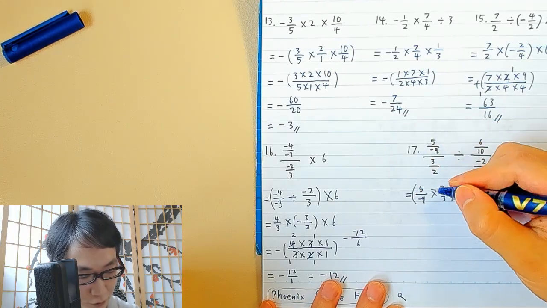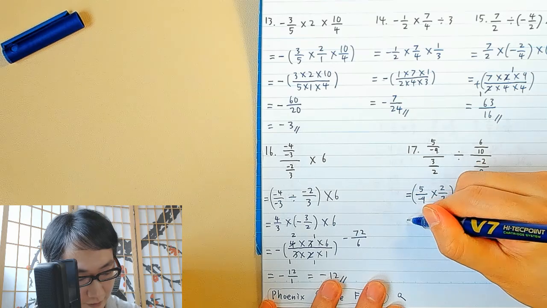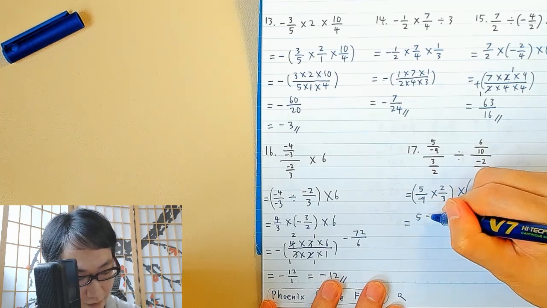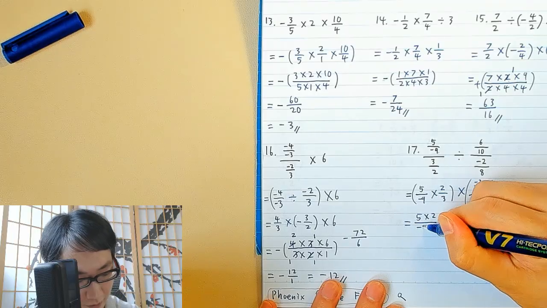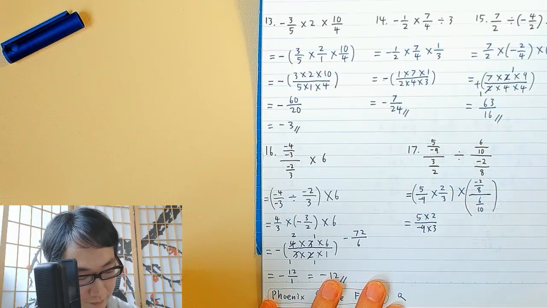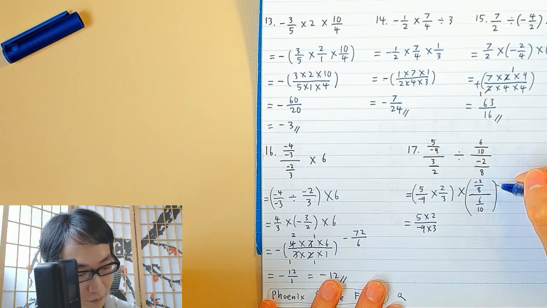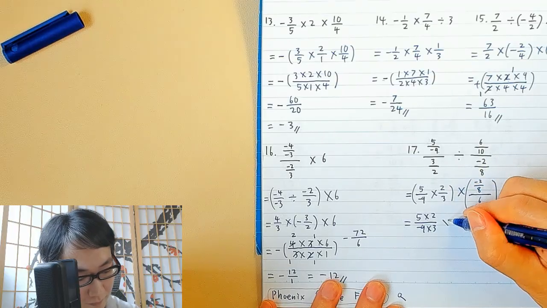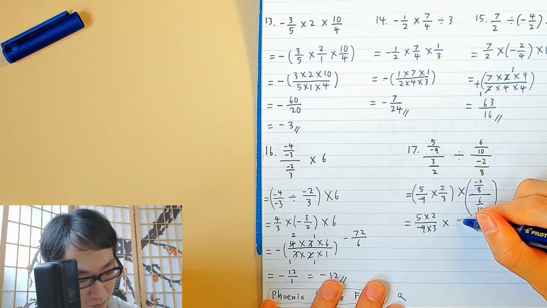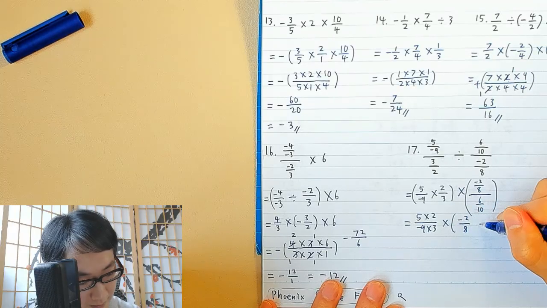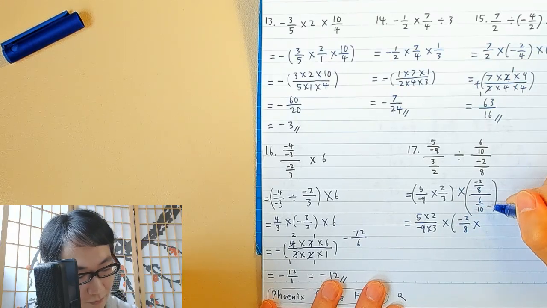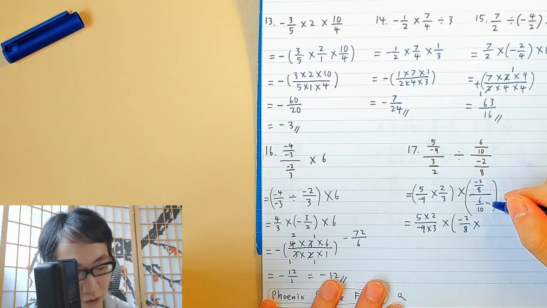Then for the first big fraction, we have 5 times 2 and negative 9 times 3. Okay. And for this one, we are multiplying negative 2 over 8 times the inverse of the bottom secondary fraction.